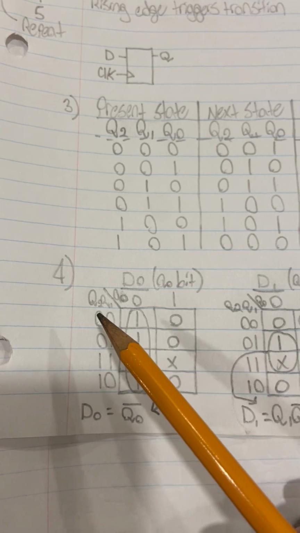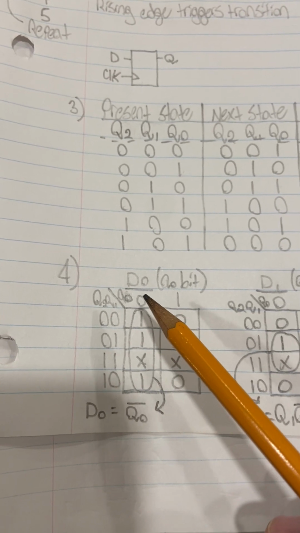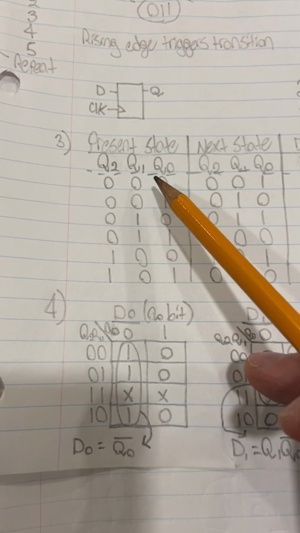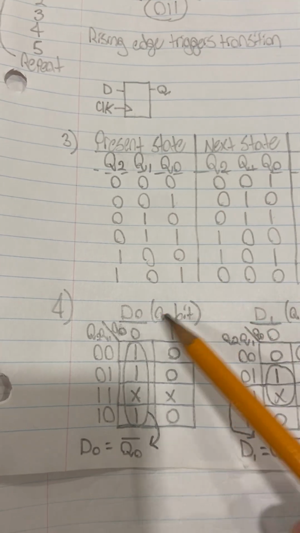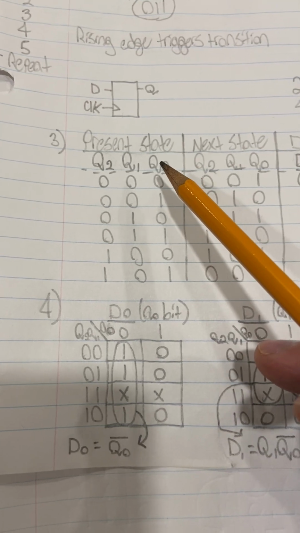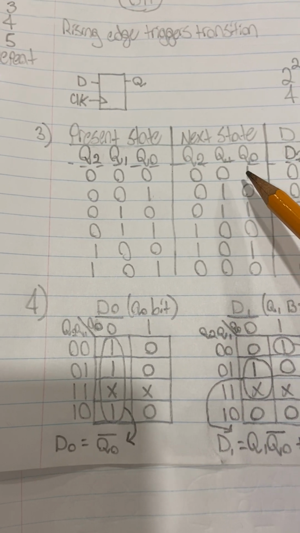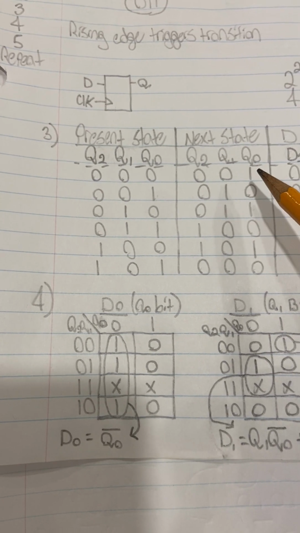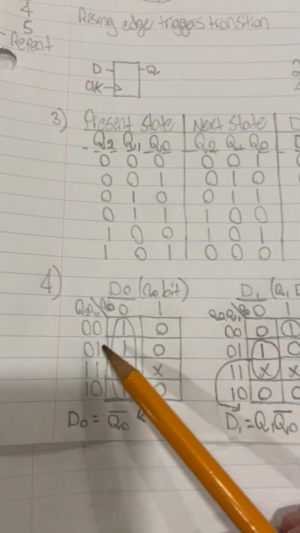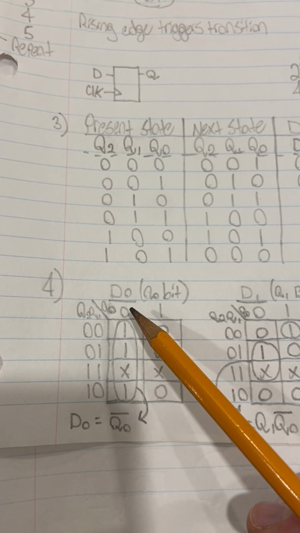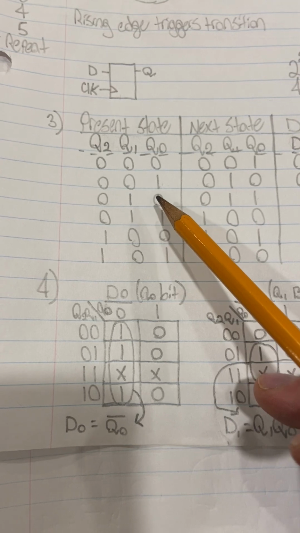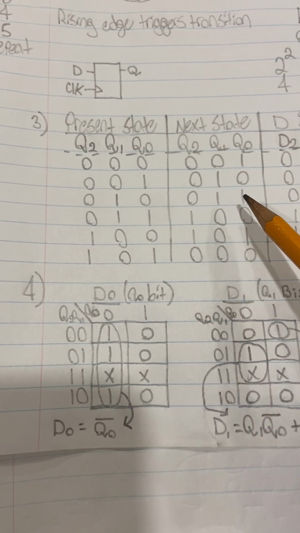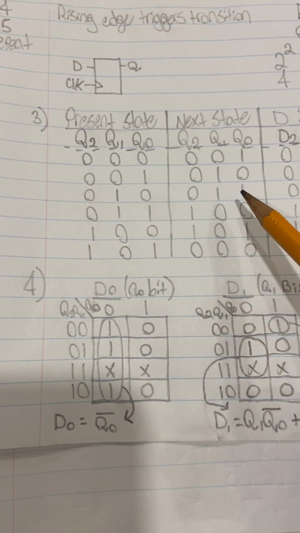And so if we are at 0, 0, 0, for Q0, because we're only focusing on the Q0 bit, we look to see what the next state of Q0 is going to be. And the next state of Q0 is 1. So we fill out a 1 here. Now at 0, 1, 0, we look again at the Q0 bit, and we move over and we see that it changes from a 0 to a 1.